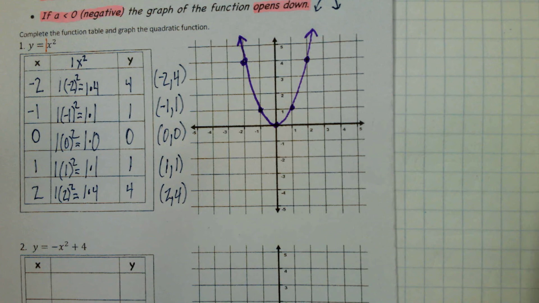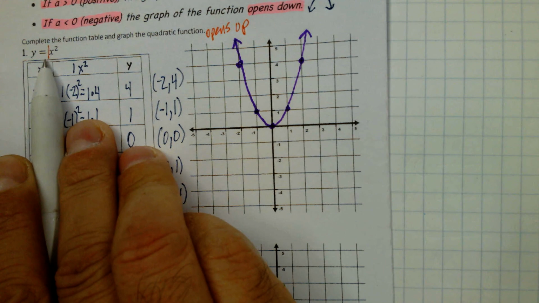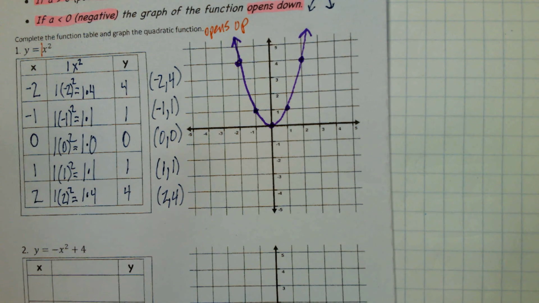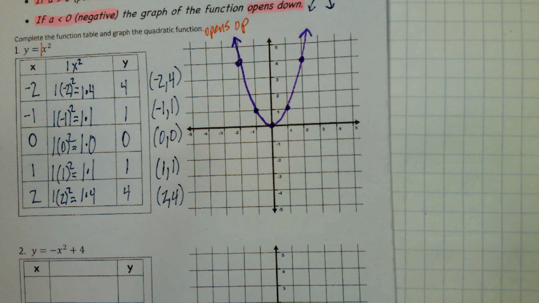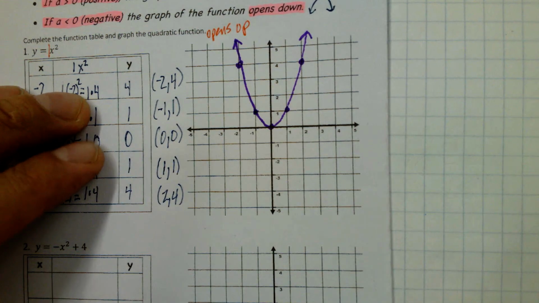So this one, let's write a few things that we know. How did this open? Up or down? Up. As it should, because the a value, the number in front of the x squared, is positive. Every quadratic function has an axis of symmetry.